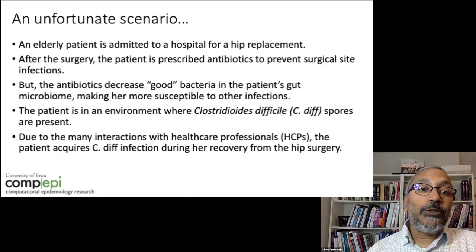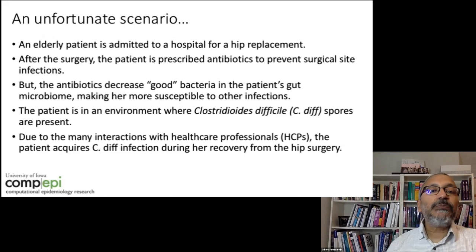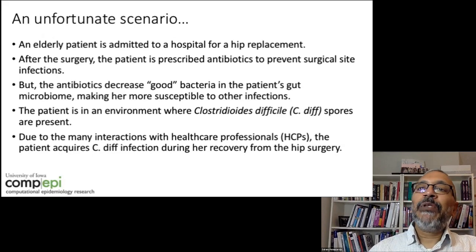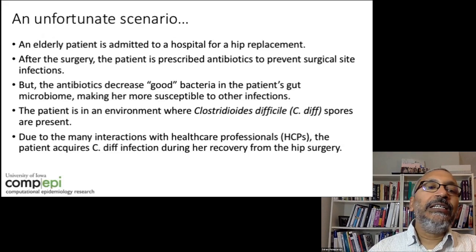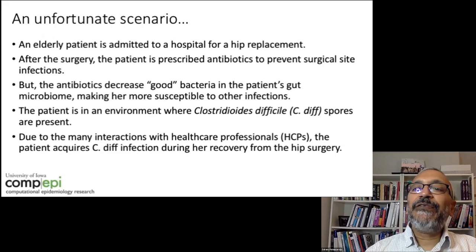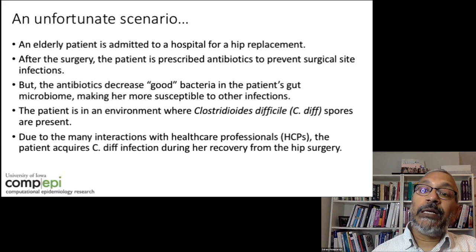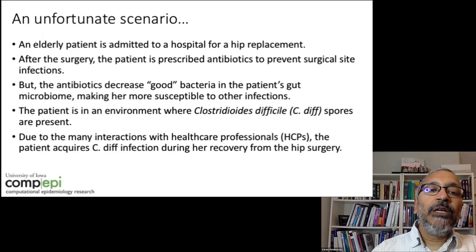The patient is also in an environment where C. diff spores are quite prevalent, and because of various interactions with healthcare professionals, she's exposed to C. diff at a time when she's particularly vulnerable, and she ends up acquiring C. diff infection. This may be detected while she's in the hospital, or it may be detected when she's gone home, in which case it might imply a readmission.